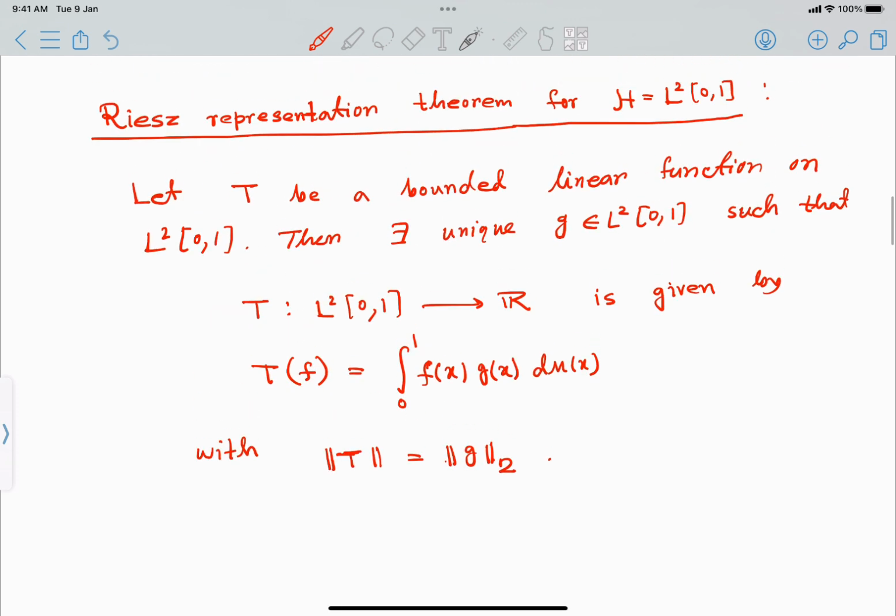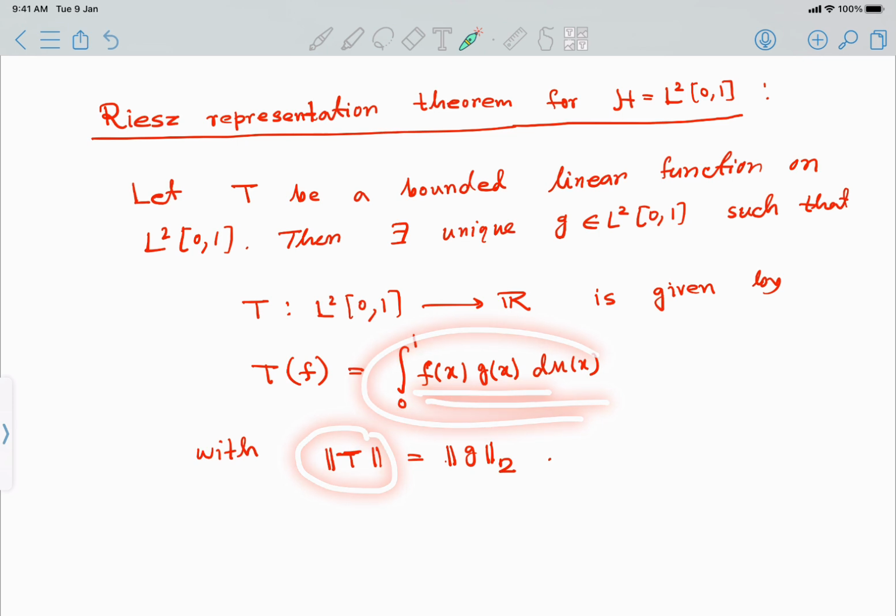Right? So this is the Riesz representation theorem, saying that any linear functional on L2[0,1] will be given by the inner product with some unique function g, and the functional norm of T is the same as the L2 norm of g. So we'll use this to calculate the norm of this functional. Okay.